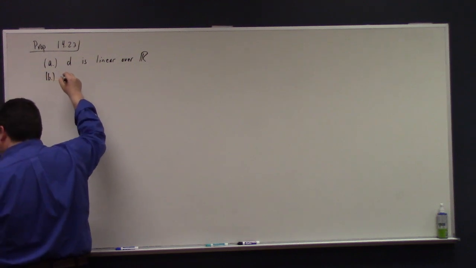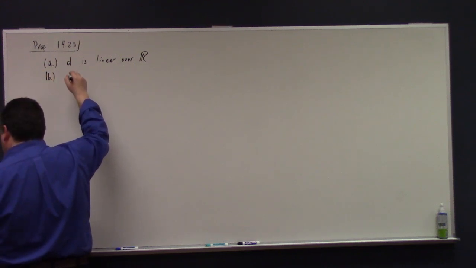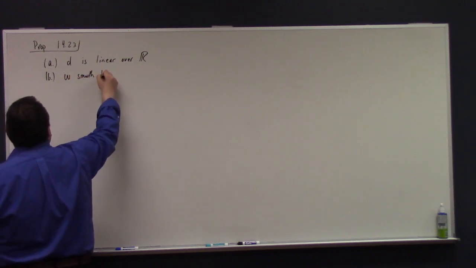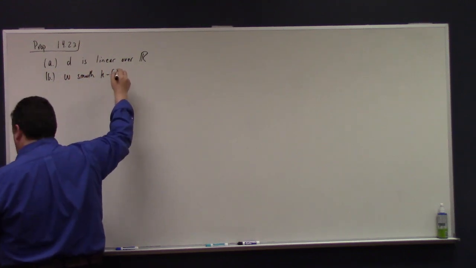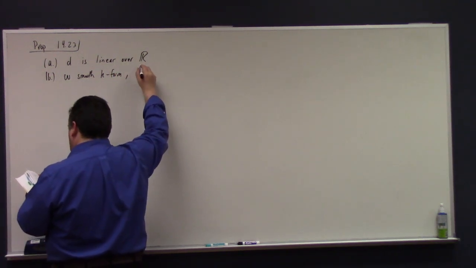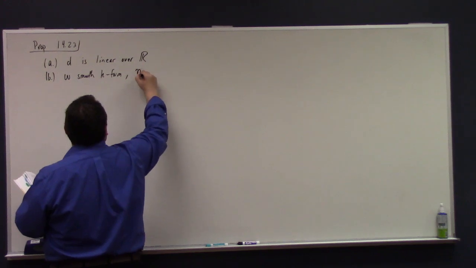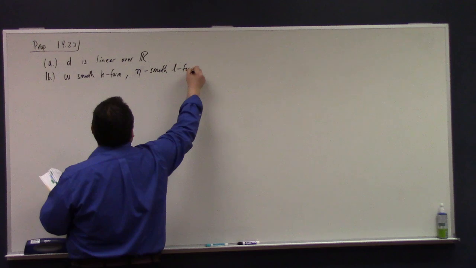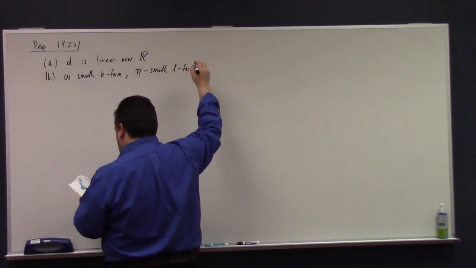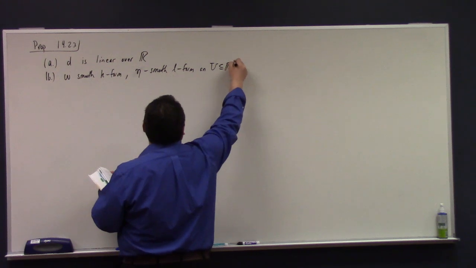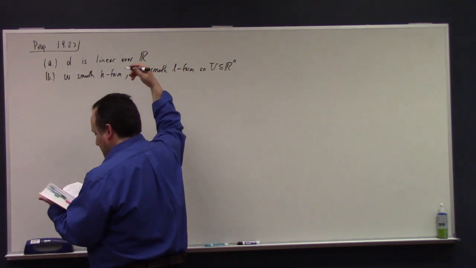B, if you have omega, a smooth K form, and eta, a smooth L form on U a subset. Now he does it for, this is what I'm just talking about, it's all in Rn, okay?